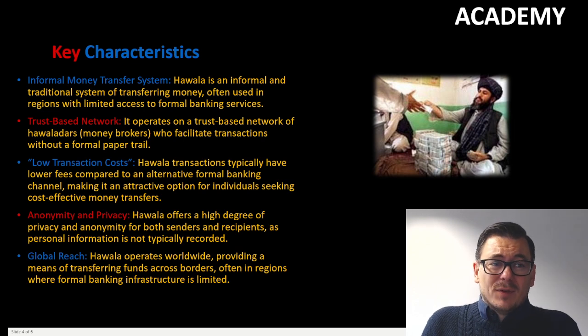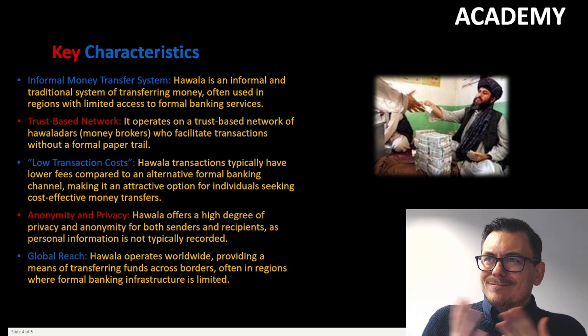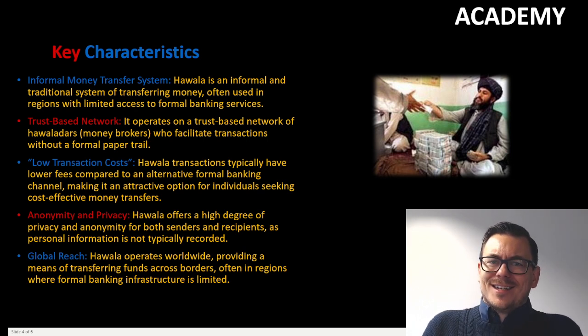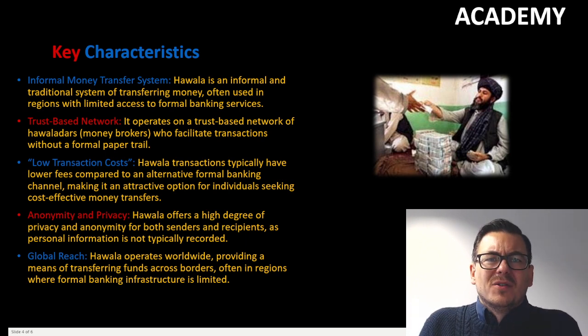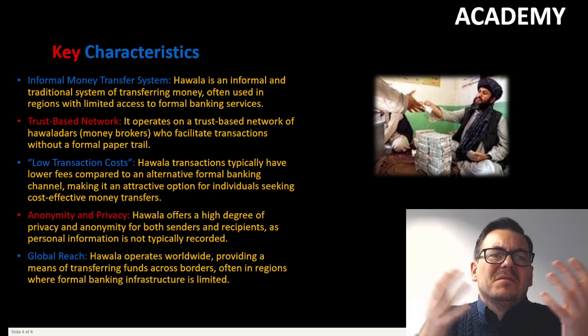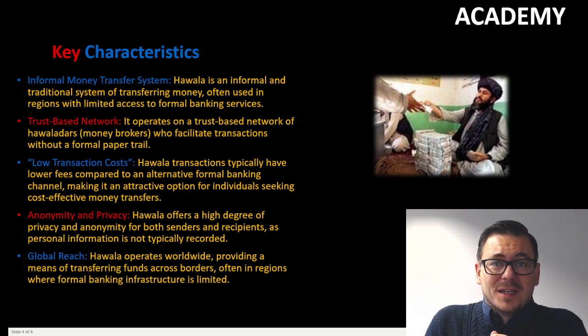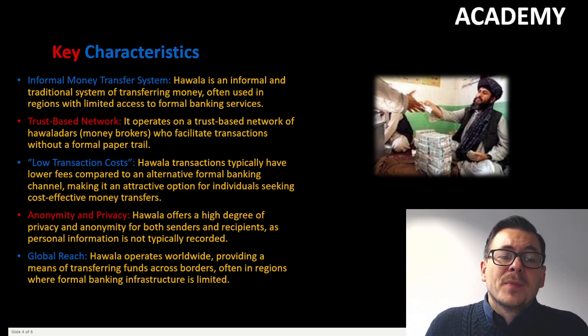You just need to have a code or something for the receiver. So personal identification is kind of not necessary in this transaction. The best way to explain it for newcomers would be like transferring Bitcoin if it was just a code. So basically this is the old kind of cryptocurrency.